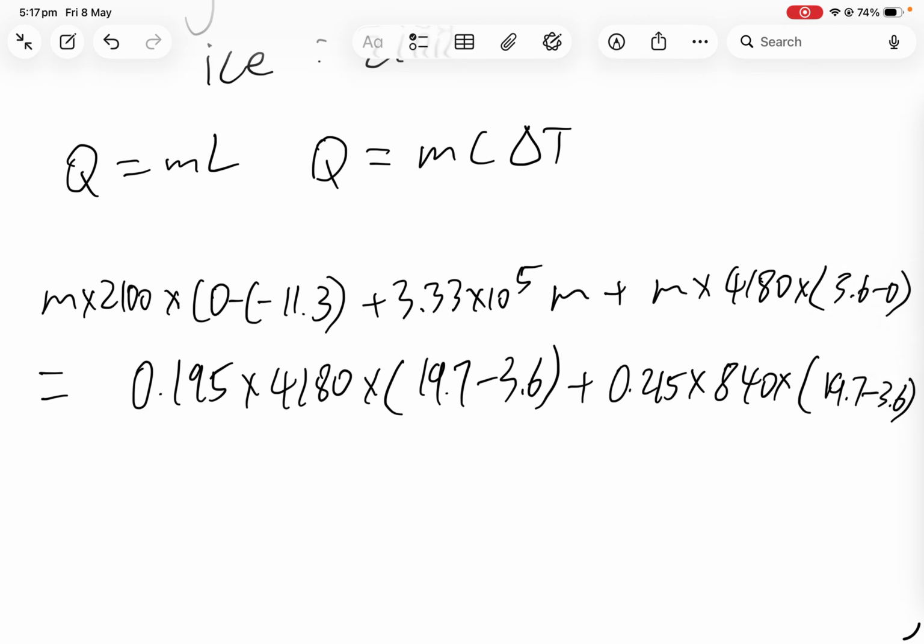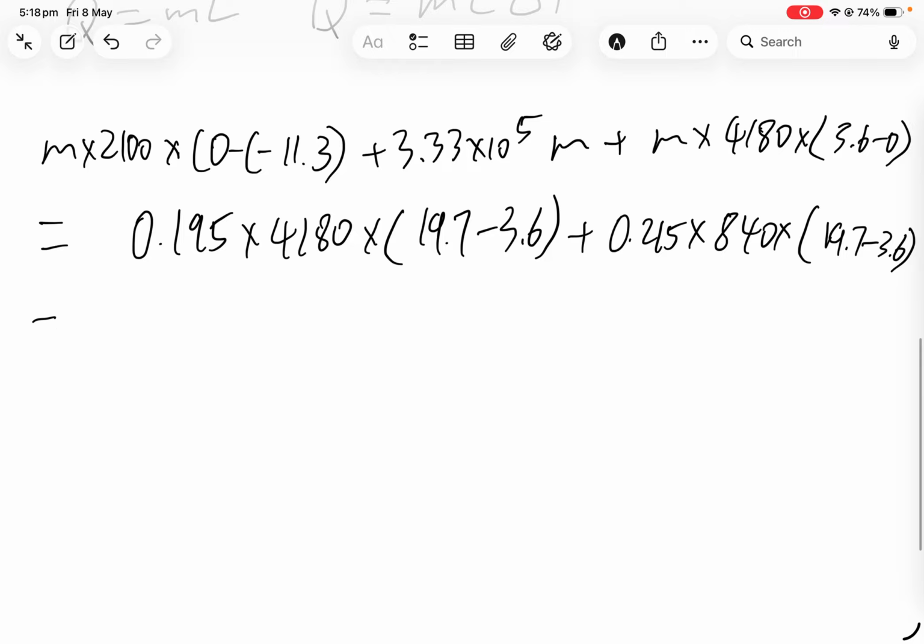So it will be 2100 times 11.3 plus 3.33 times 10 to the power 5 plus 4180 times 3.6. And we get 371778.